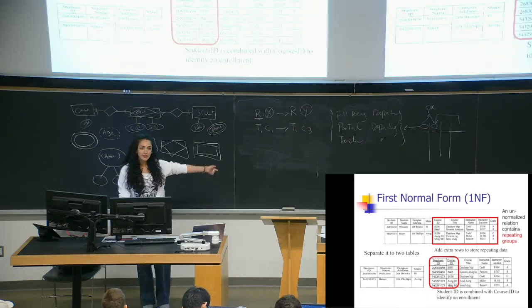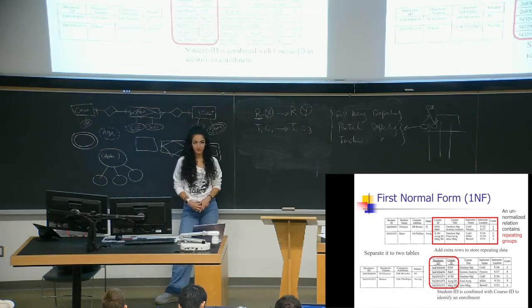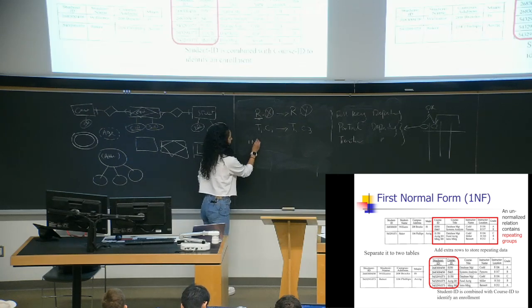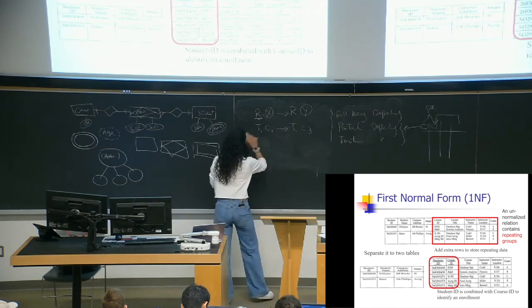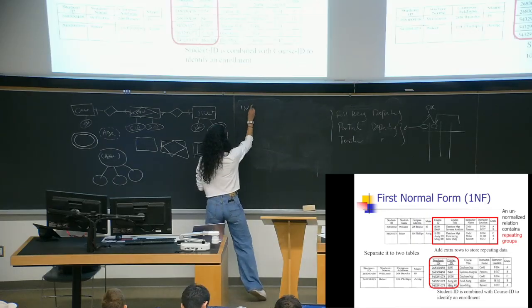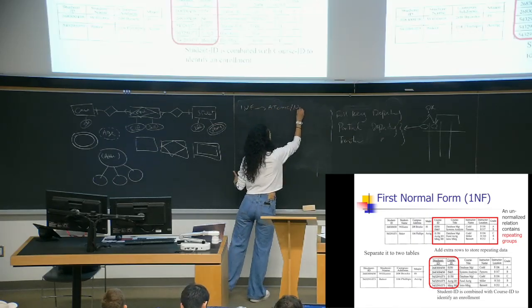Now let's go to second normal form. Second normal form means the table is already in 1NF. So 1NF means atomic, no repeating group.